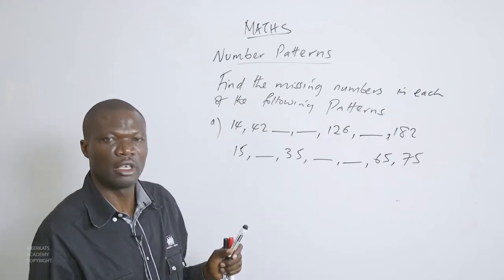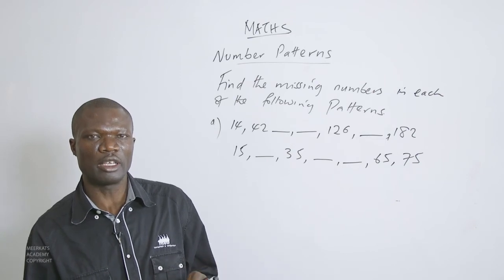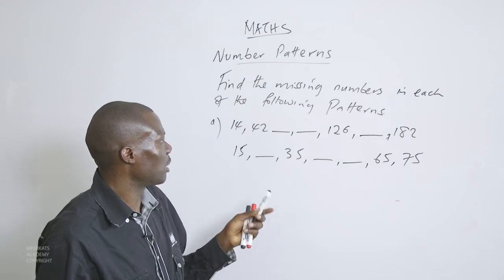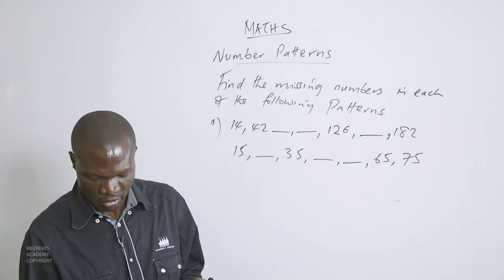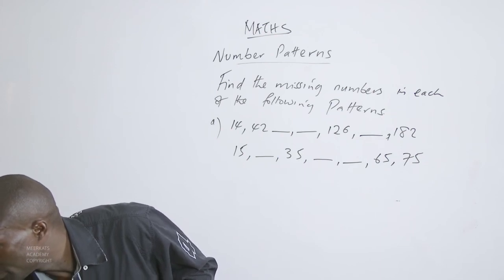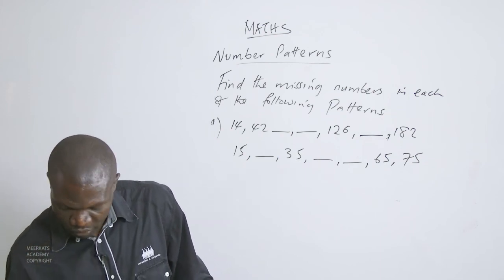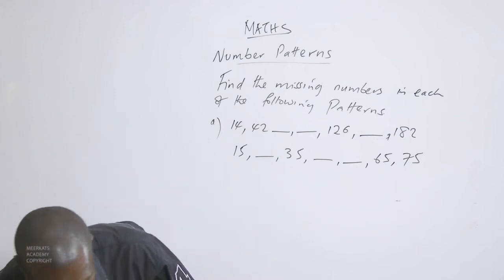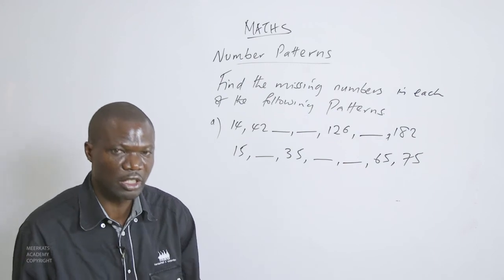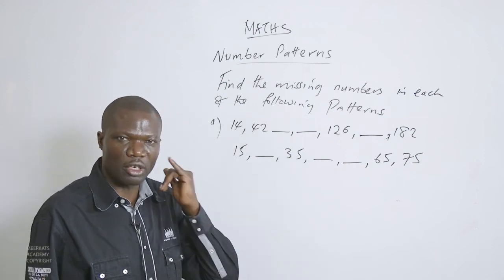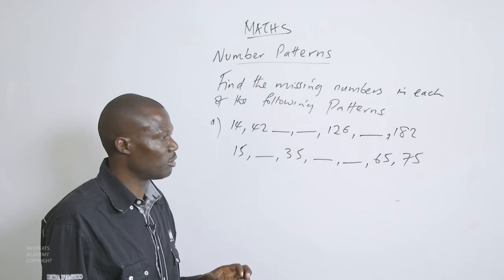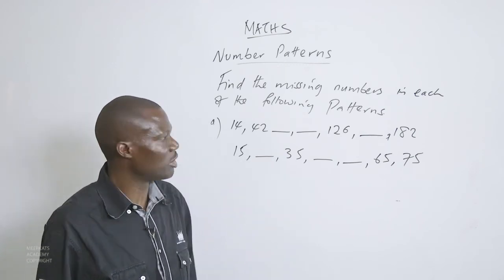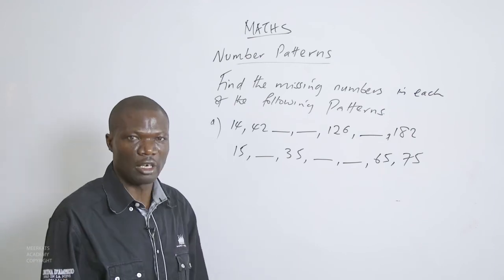What are they adding, or subtracting, or multiplying with for us to find the next one? You can use your calculator, you can use your mobile phones to calculate if you have the application, but it's very necessary that we first identify the best way to approach the issue.